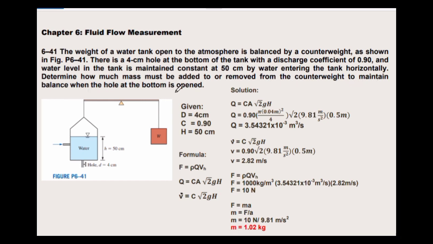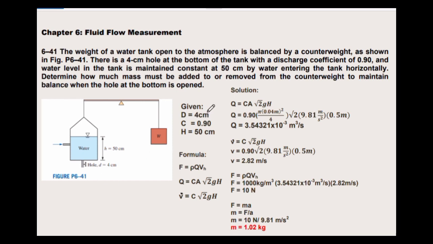the bottom is opened. So our illustration is this is the counterweight, and this is our water tank with the height of 50 centimeters and a 4 centimeter hole at the bottom of the tank.